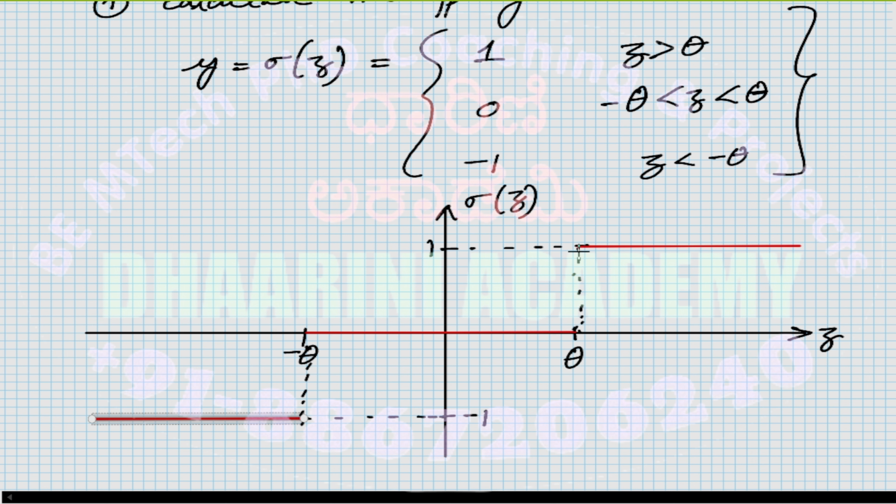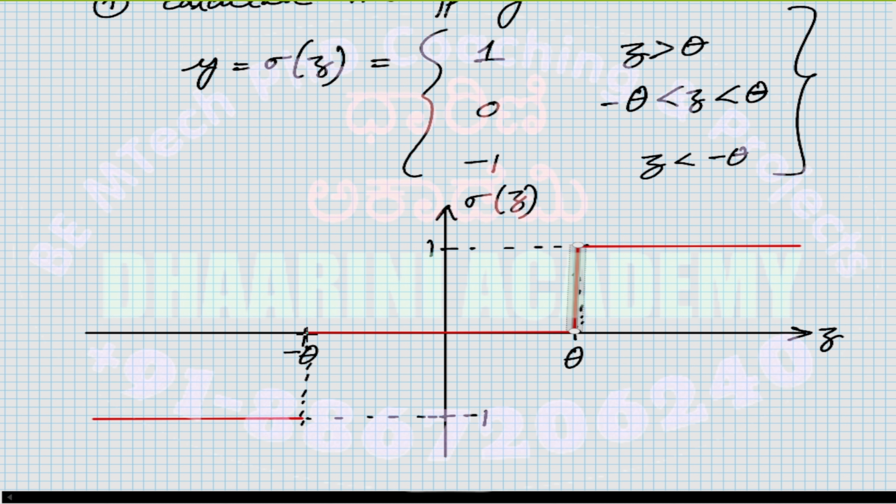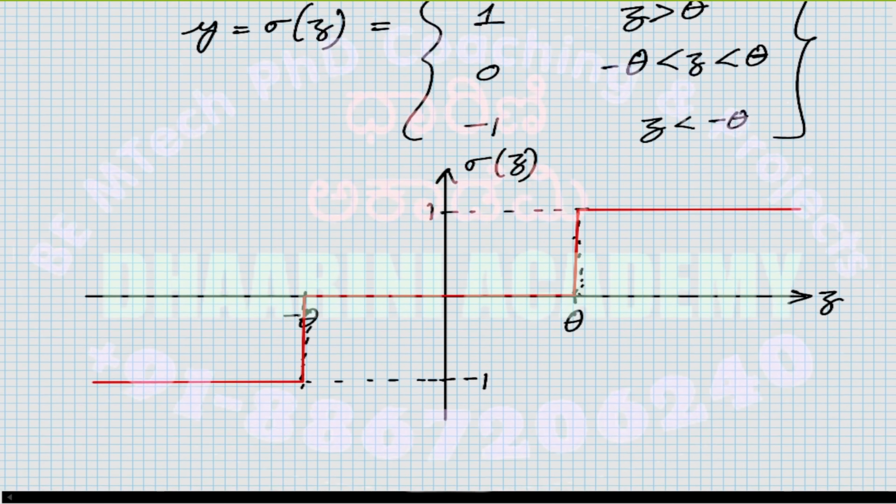And we'll make connections, so this is one location, and on the other location also we'll make a connection. So you see, this is the activation function that is required for the perceptron learning rule.